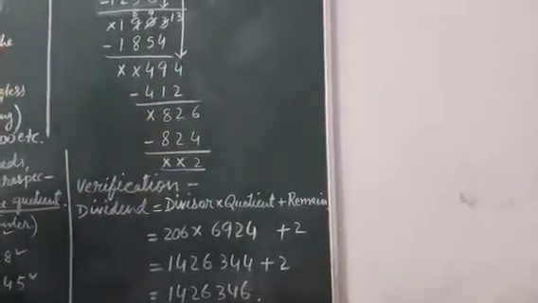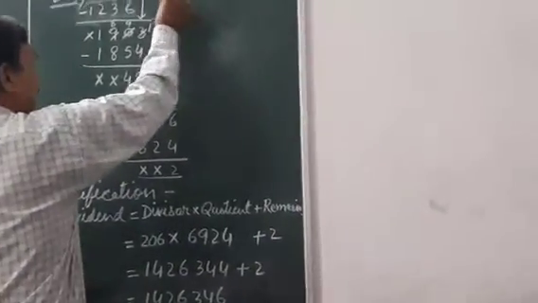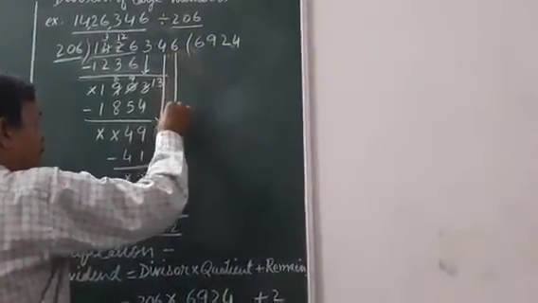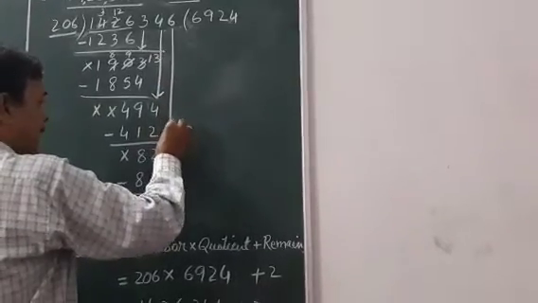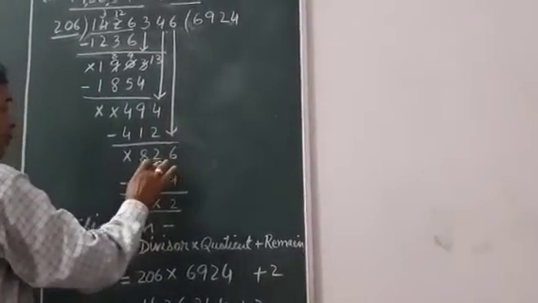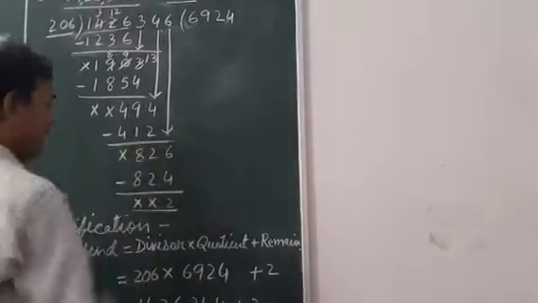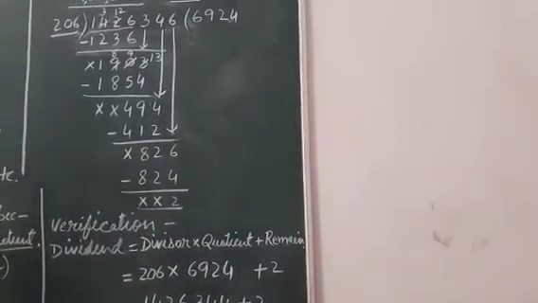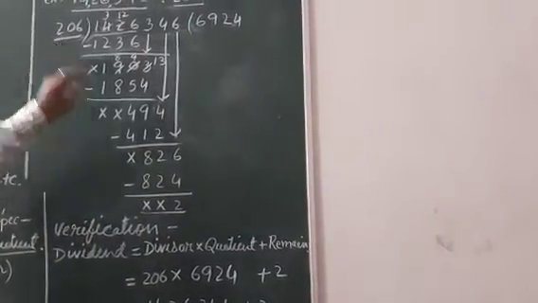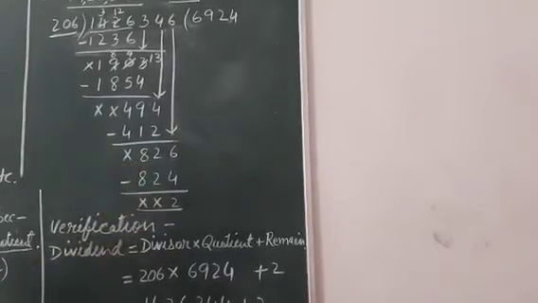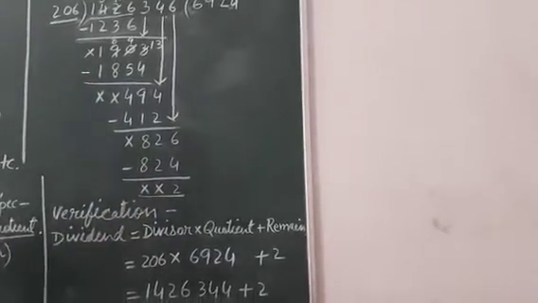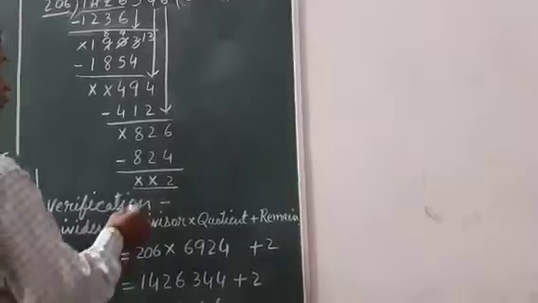4 minus 4, nothing. Now, the last digit on the extreme right is 6. That digit will be brought down after 2. The number formed here is 826. Again, we will multiply and find the number which is just smaller than 826. The number is 824.